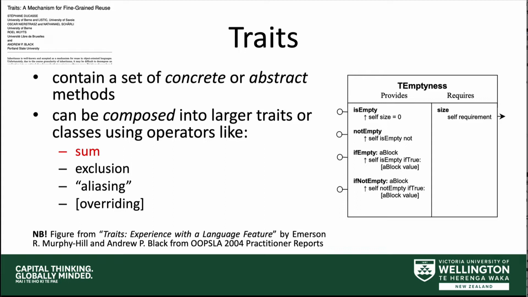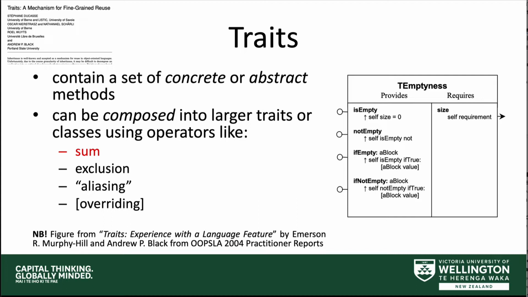It was well outlined in the paper by Stefan Ducasse, and Andrew Black was the supervisor of a lot of this work. And the way to think about it is you can group code to be reused into a set of methods. Some methods can be concrete or with implementation, and some of them can be abstract or without implementation. And that's it, a very simple concept.